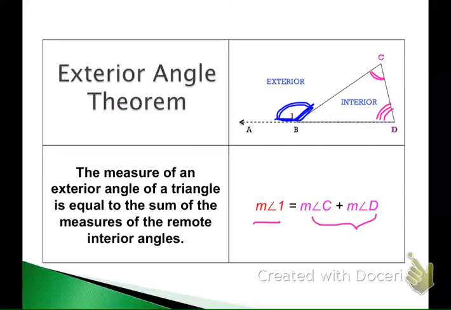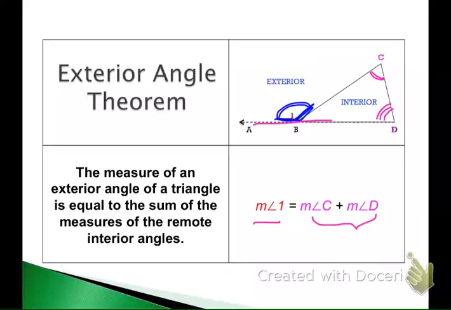Now, why does this happen? Okay, this always happens. It's always true for any triangle, okay? Here's why it happens. How much do the three inside angles add up to always? 180, right? How much does a straight line add up to always? 180, right?